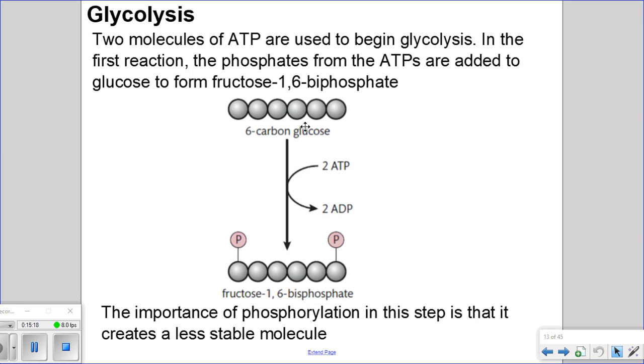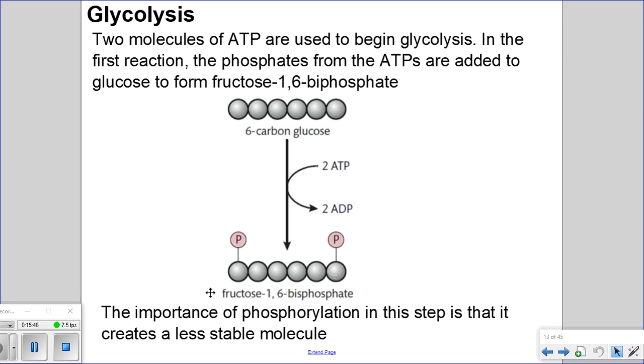So in the first reaction of glycolysis, the phosphates from ATP are added to glucose to form a molecule called fructose 1,6-bisphosphate. So here we have our 6-carbon glucose. 2 ATP are used. They generate 2 ADP, and we add on 2 phosphates, and the 2 phosphates get added on to the 1 carbon and the 6 carbon.